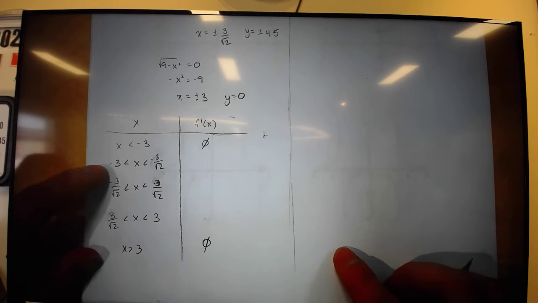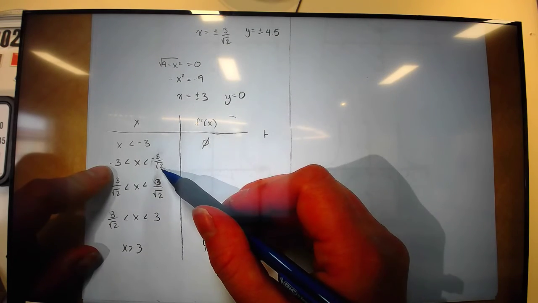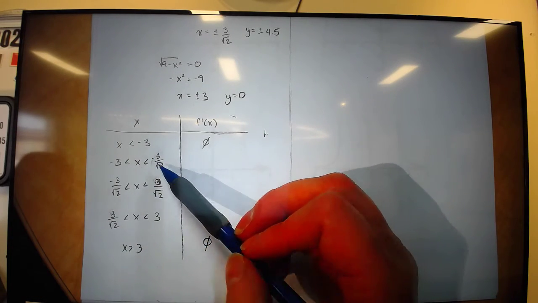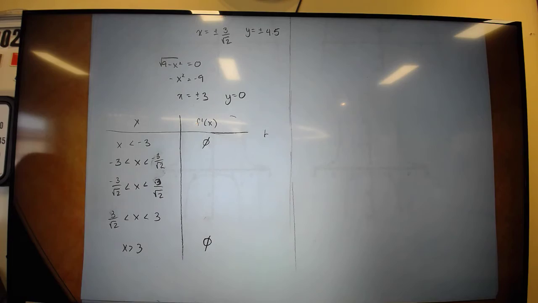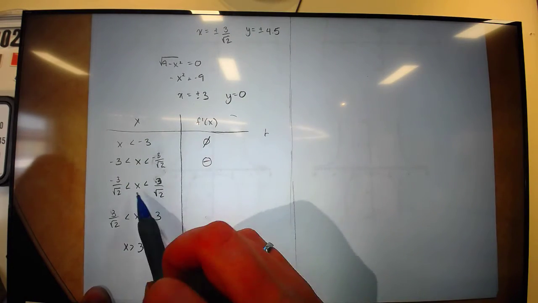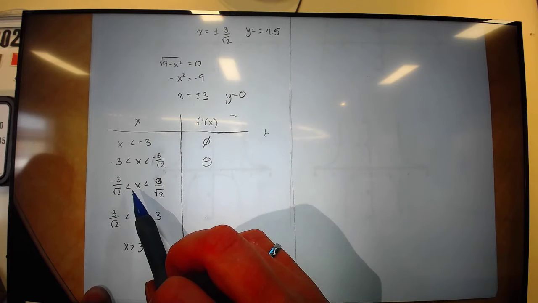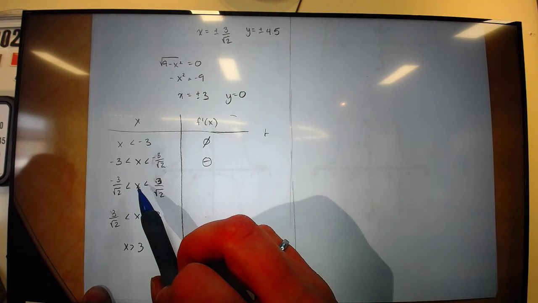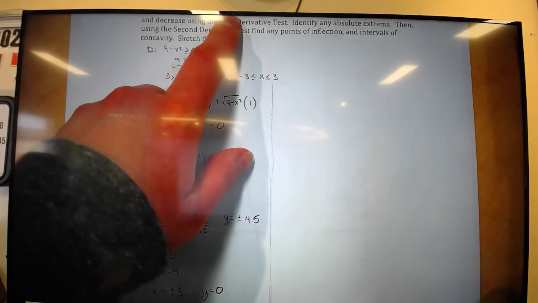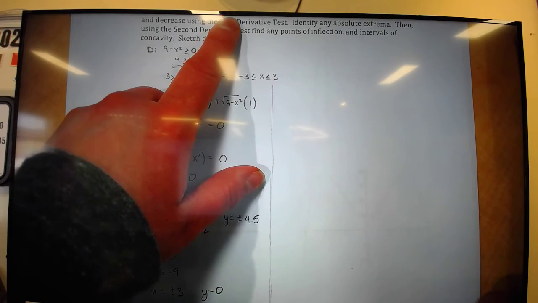So if we pick a value that's in between these two, okay, so again, if you don't know what this number is, you can just crunch it as a decimal, figure out the nearest whole number that's easy to use, plug that in, you should get a negative, okay? In between these two, a 0, I plug that into the original function. That's going to be 0 times blah, blah, blah. It's going to be a 0. Is that positive or negative? We don't know.